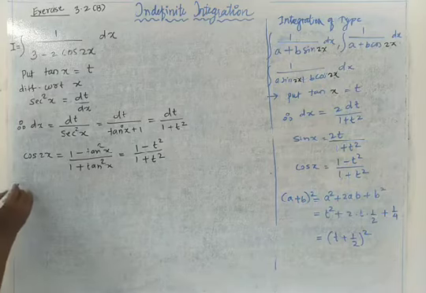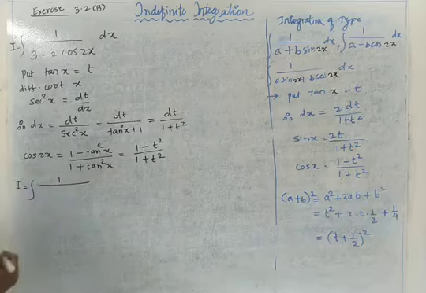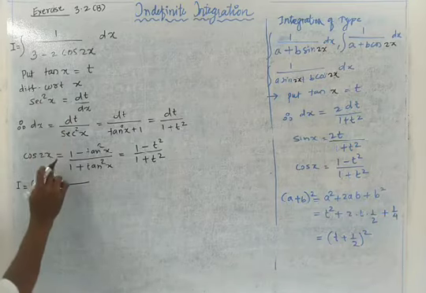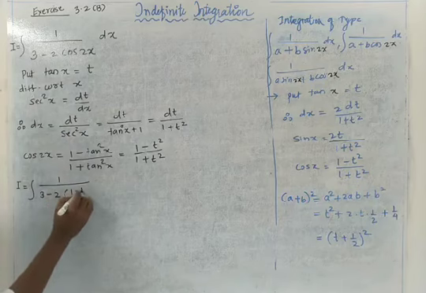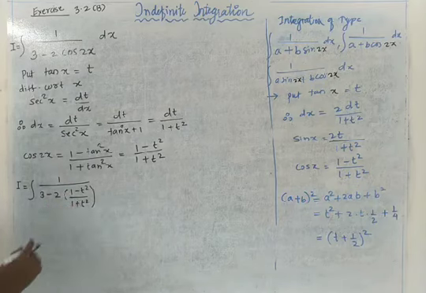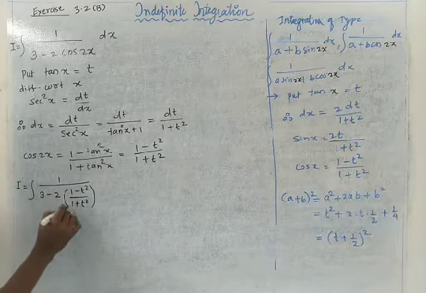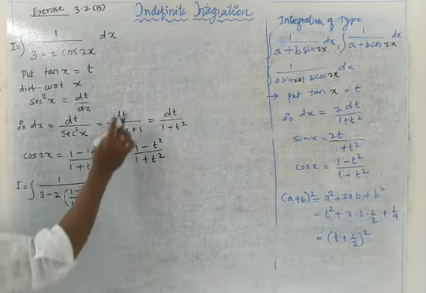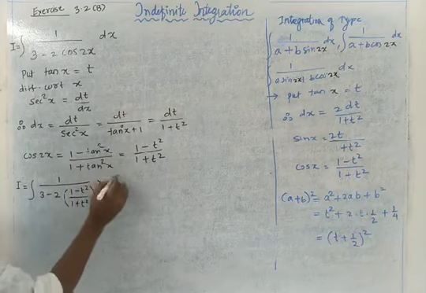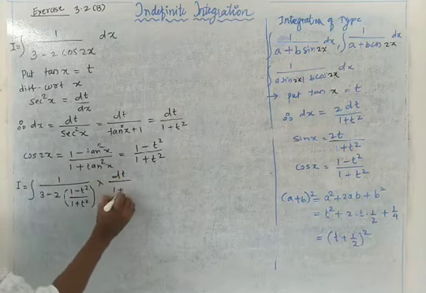Now we are going to substitute in the integration. So I is equal to integration 1 upon 3 minus 2 cos 2x, and the value of cos 2x is 1 minus t square upon 1 plus t square, into the value of dx, which is dt upon 1 plus t square.